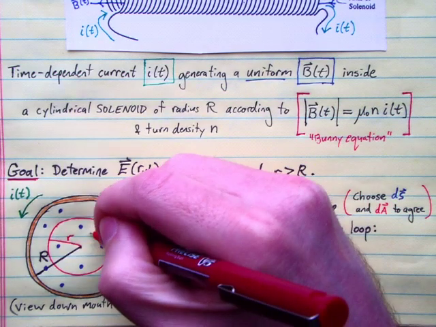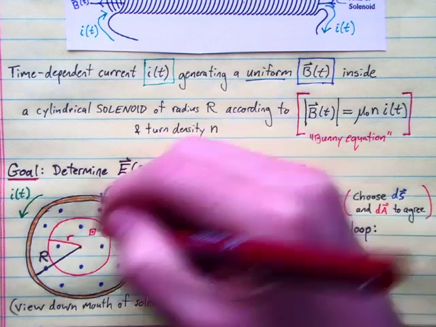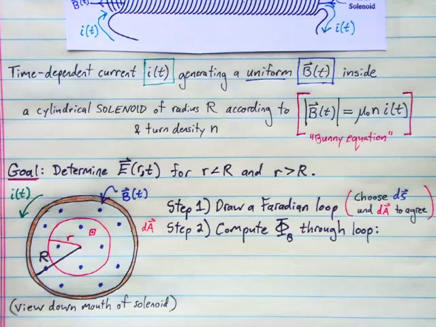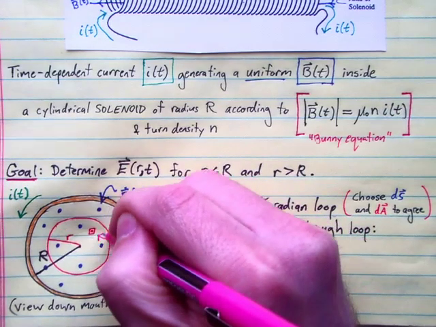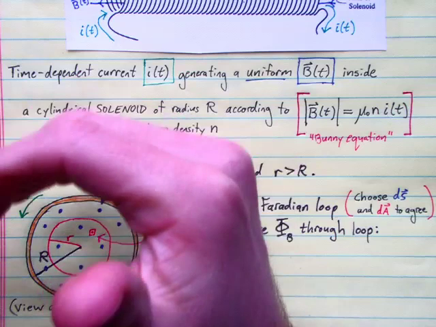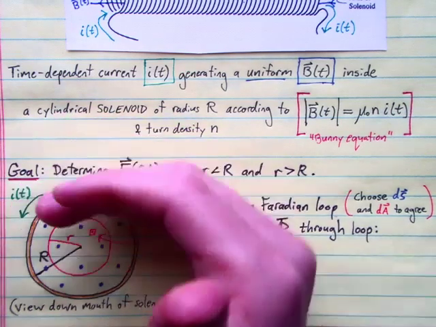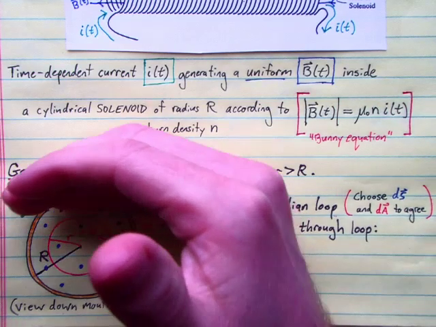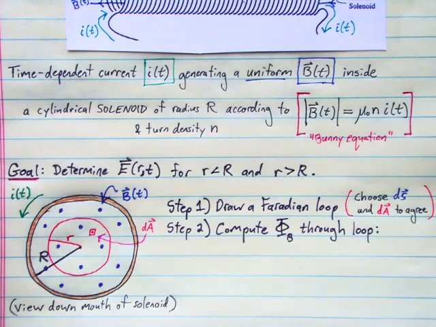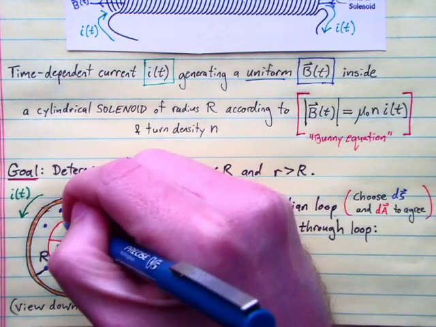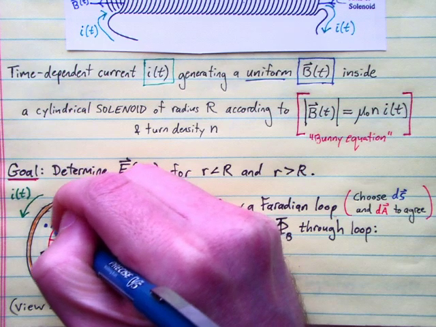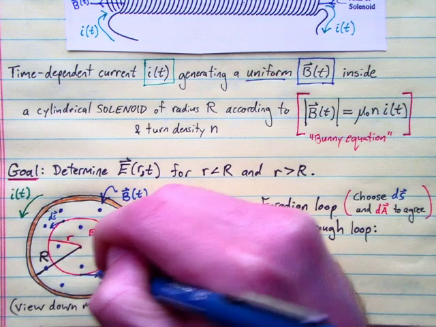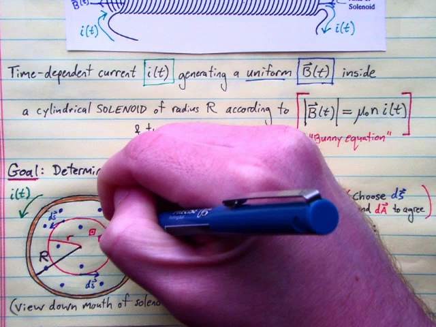So if I want dA's that point out of the board, I can achieve that according to right-hand rule, with my thumb pointing out of the board, if my ds's go with the curl of my fingers, if my ds's go counterclockwise around that loop. So I'm going to have steps ds, infinitesimal displacements, pointing counterclockwise around that loop.